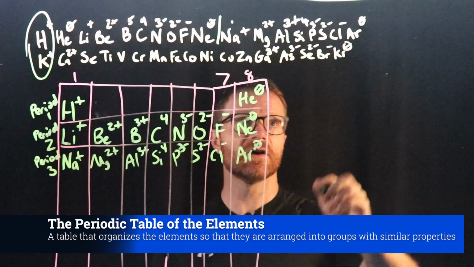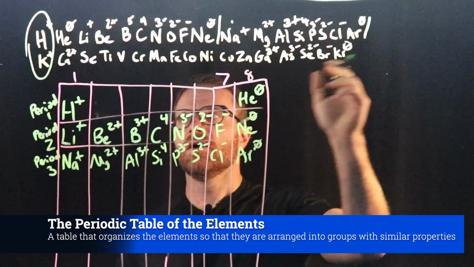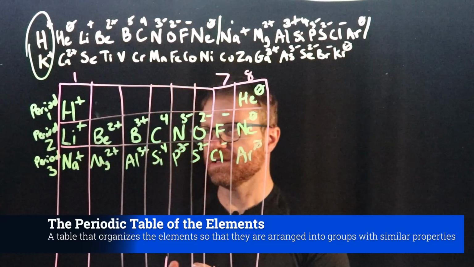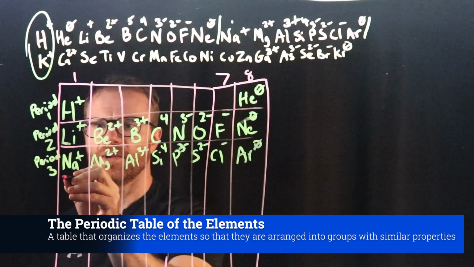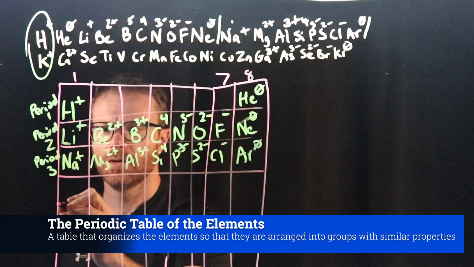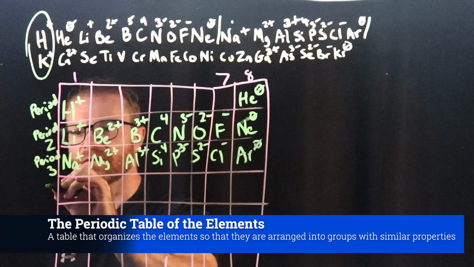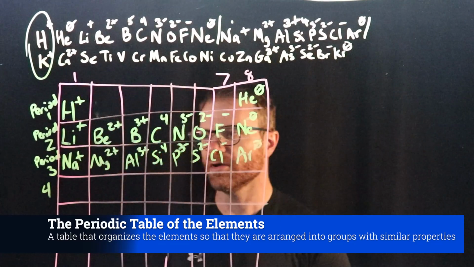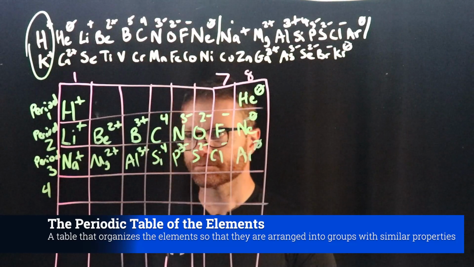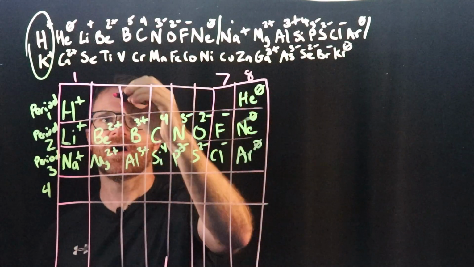So now we've gotten to argon, we're over here. We go back to potassium, which has a charge of +1. And we're down here, we'll call this our 4th period. I'm not gonna write out period anymore, I'll just put a 4 there. And I guess we could number our columns.